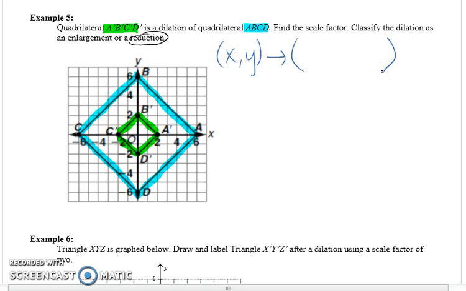One way we can find out is by looking at the coordinates from the pre-image and comparing that to the image. So let's list the points in the pre-image. For point A, the coordinates are 6, 0. For point B, the coordinates are 0, 6.